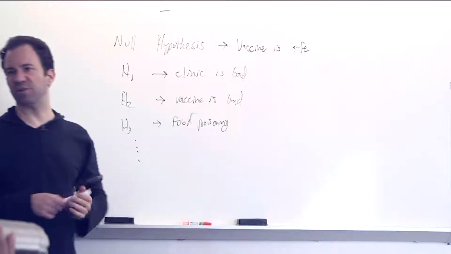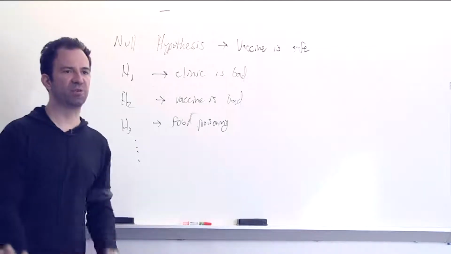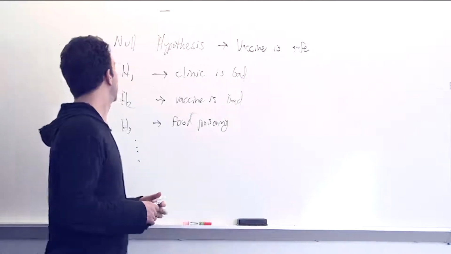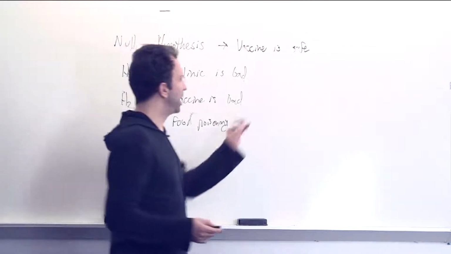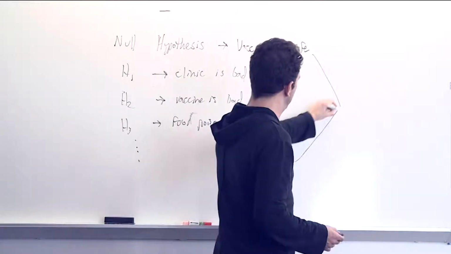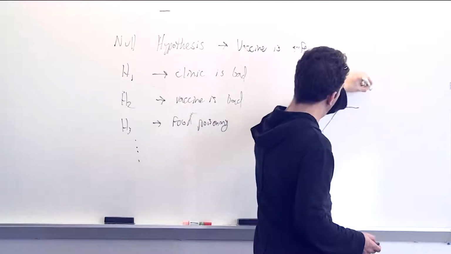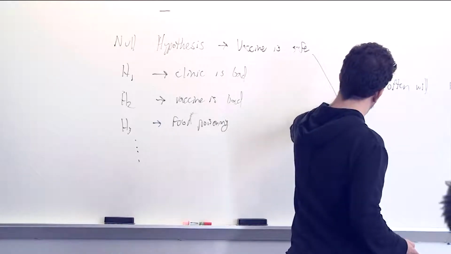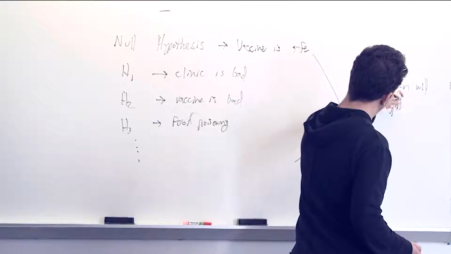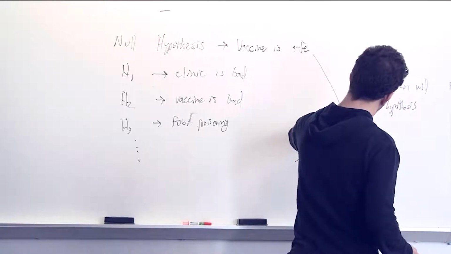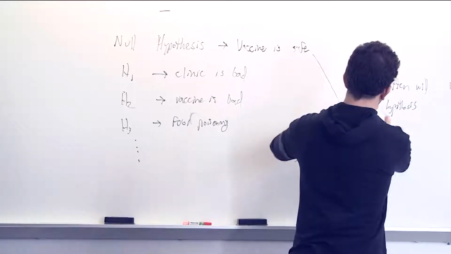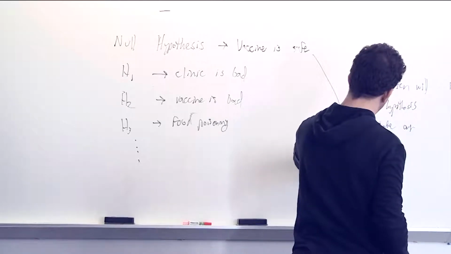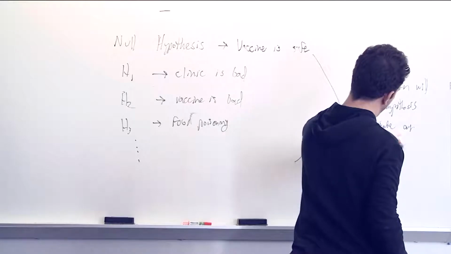Now we're starting to get into what we're going to look at the end of the class, which is the analysis of competing hypotheses. And the question we can ask is, how often will this hypothesis generate our real data?